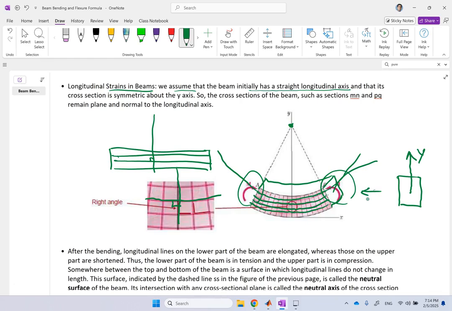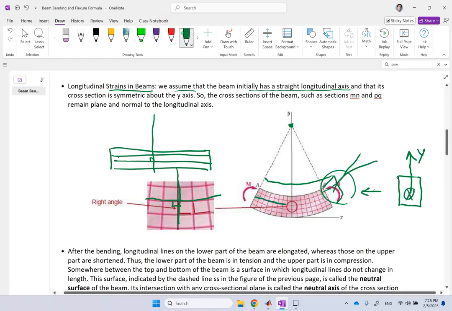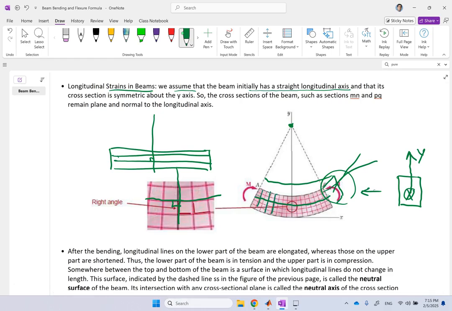In other words, these different elements don't distort and they stay normal to what we call these longitudinal lines. And there is one of them that we care about the most, as we'll see in a second. That is the one passing through the centroid of this cross section, and that is what we call the neutral axis. So all of these individual elements are going to stay perpendicular to the neutral axis. That is going to make my geometry calculations a lot simpler.